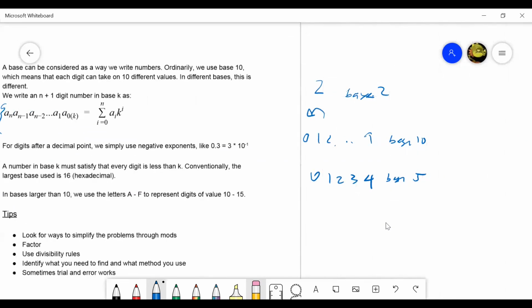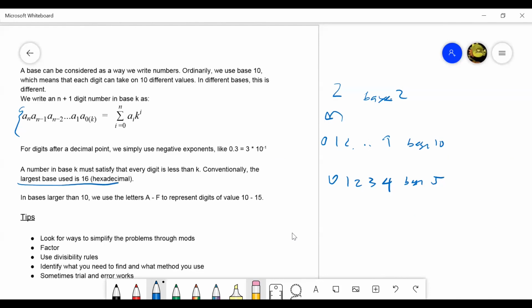You can have bases higher than 10 as well. The most common base that's greater than 10 is hexadecimal. I wrote that here. Essentially the letters A to F represent the values 10 to 15. So if you see something like A and 3 in base 16, or hexadecimal as it's called, this would mean A is 10, so 10 times 16 plus 3.